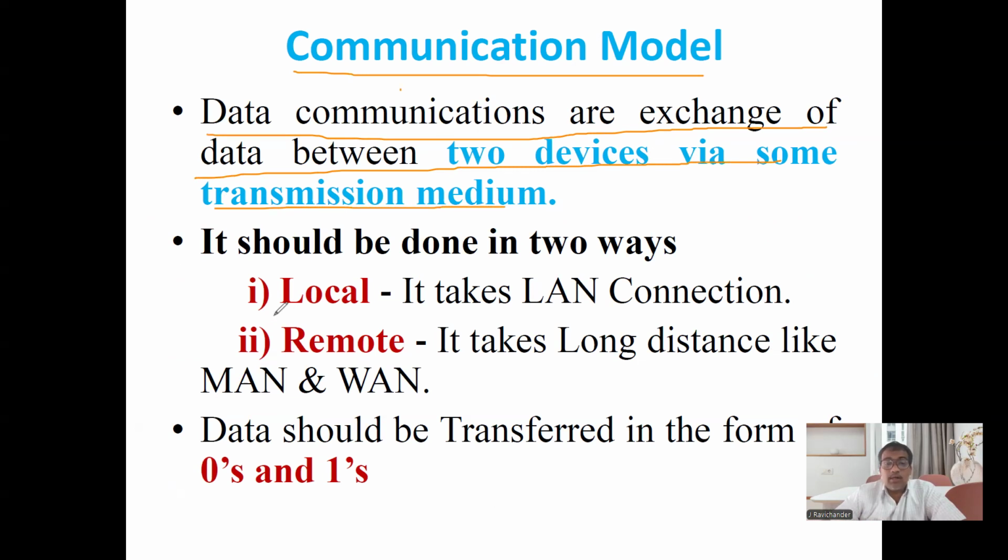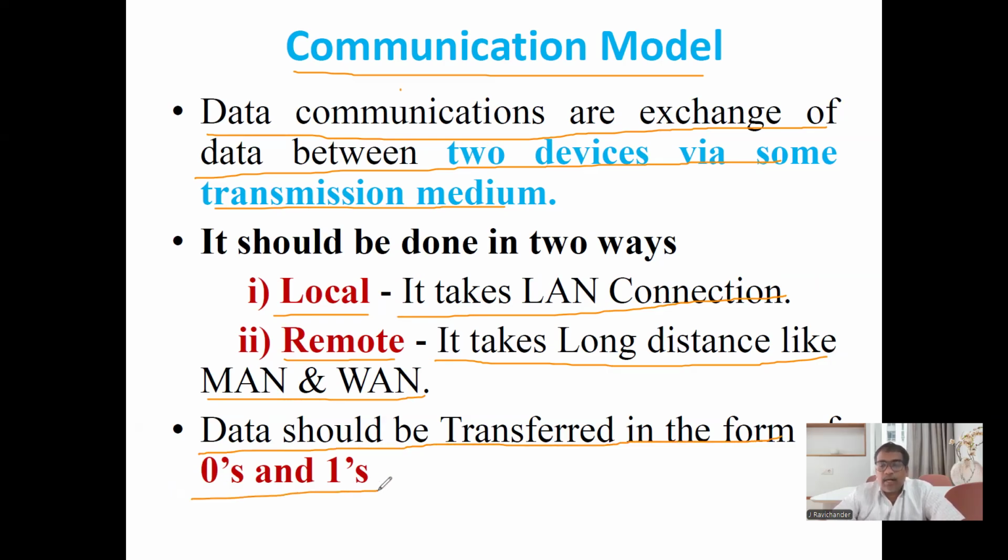One is locally, another one is remote. It takes LAN connection. It takes long distance like MAN and WAN, metropolitan area network and wide area networks. Data should be transmitted in the form of zeros and ones.